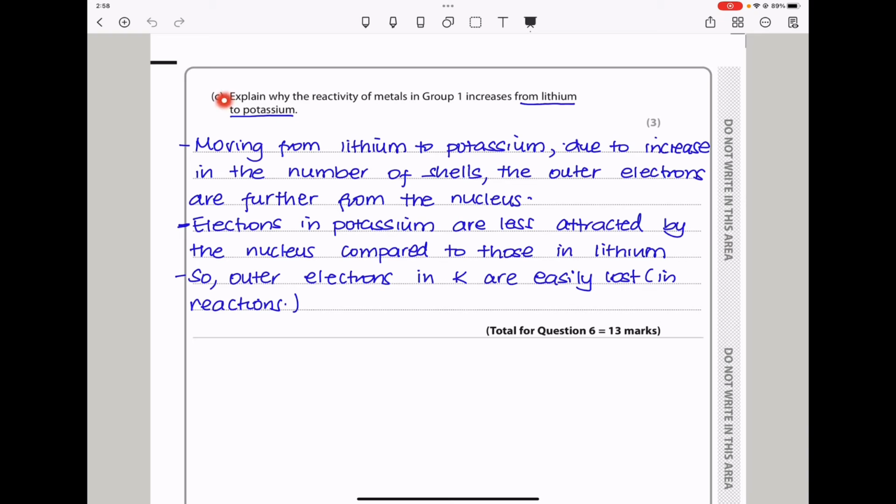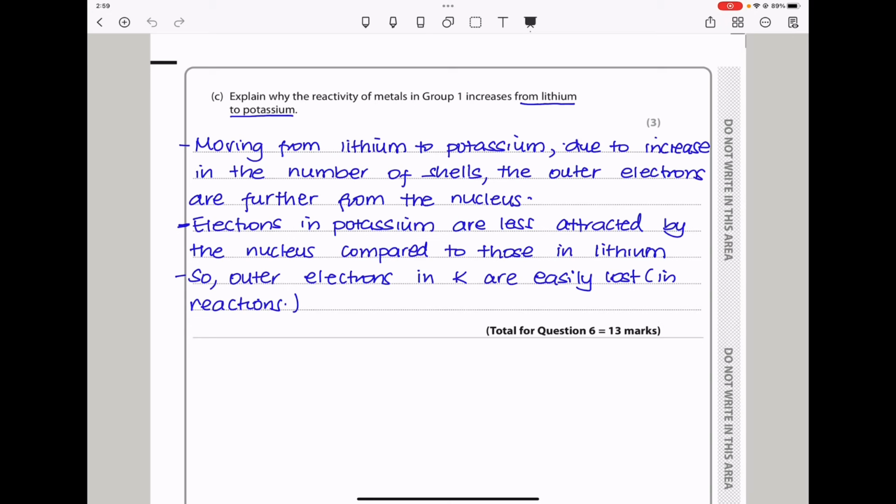In part C, explain why the reactivity of metals in group 1 increases from lithium to potassium. As you move down the group, there are more shells that are added, and that means the outer electrons, those electrons that are going to participate in the reaction, are going to be farther away from the nucleus, and they're going to be easily lost because the attraction towards them from the nucleus is going to be decreased.